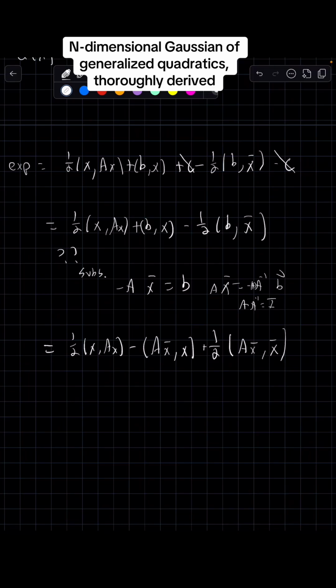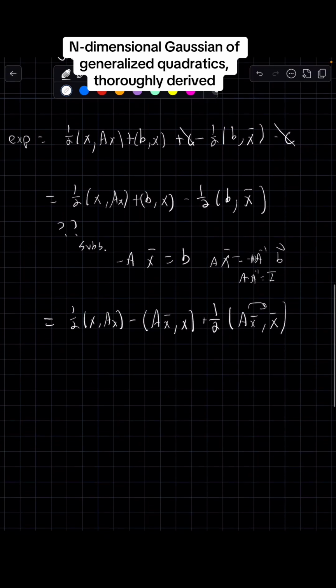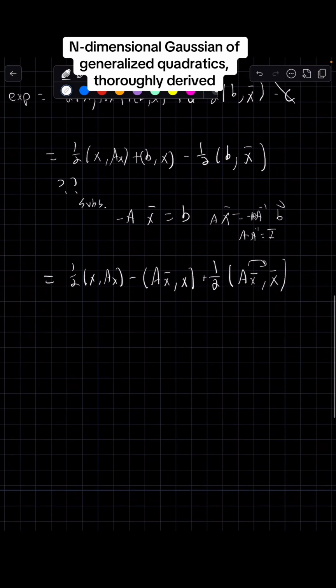So let's just move these to the right for convention, since A is symmetric. Equals 1/2 x A x minus x bar A x plus 1/2 x bar A x bar.